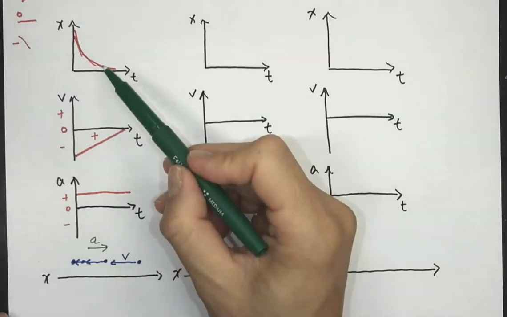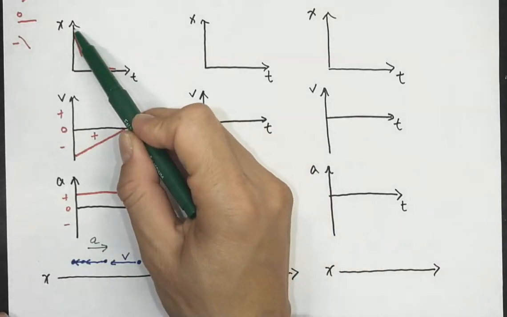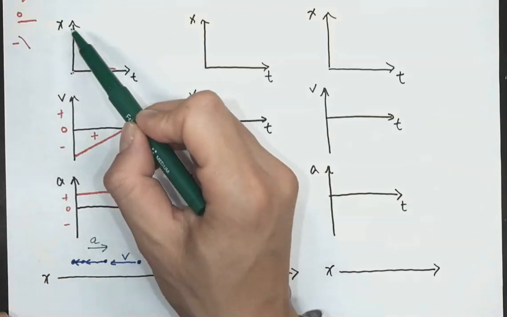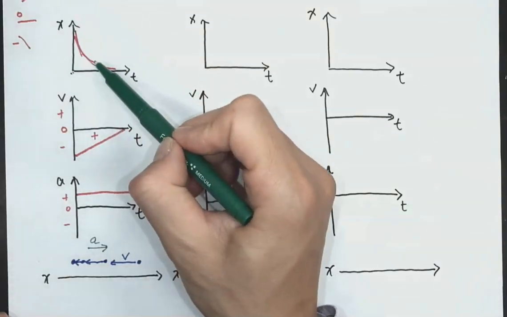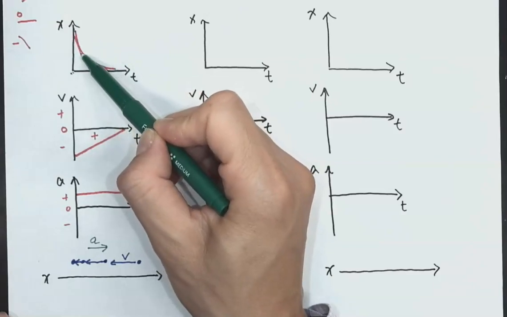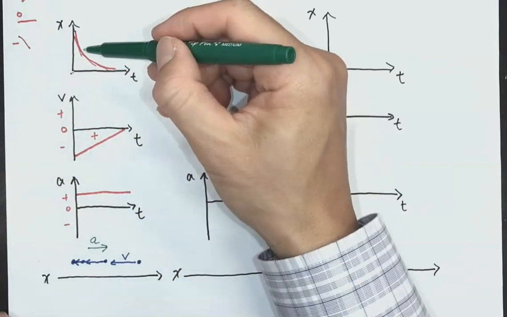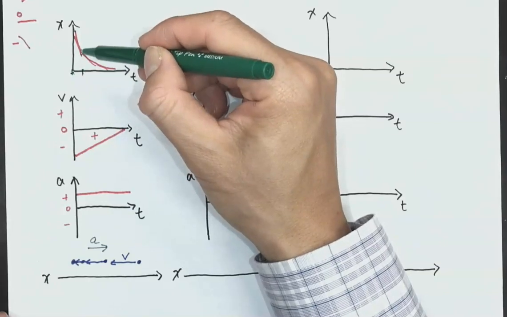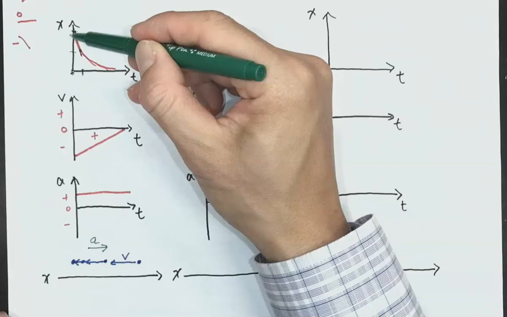Okay, so once again, what is this graph telling us? This is an object that's moving towards the origin, moving in the negative direction. This is positive, this is negative. It's moving in the negative direction, and it is slowing down. And you can also tell because if you take a look at this little small interval of time right here, you can see that it changed its position a lot.